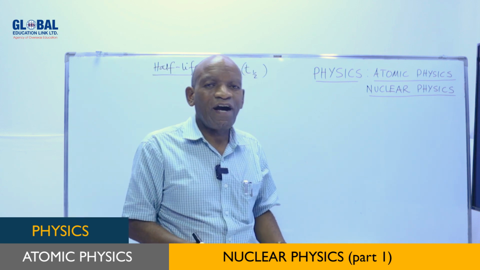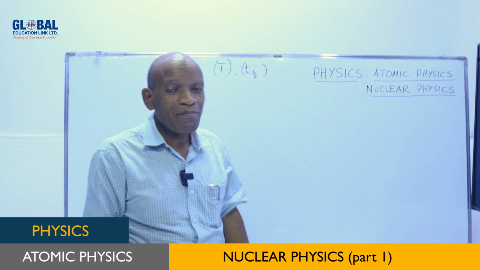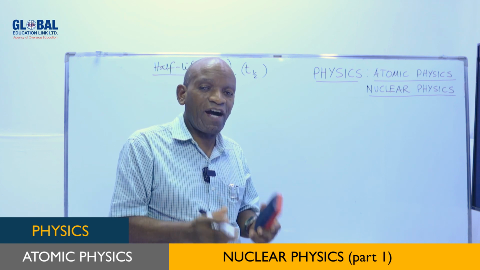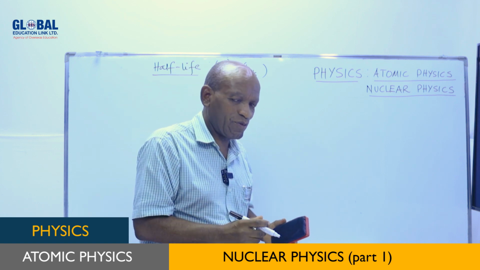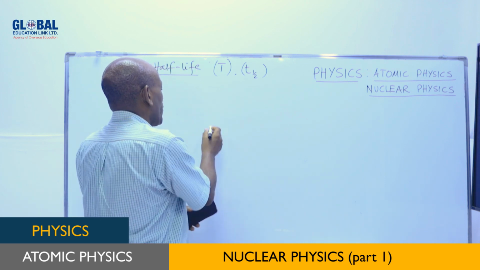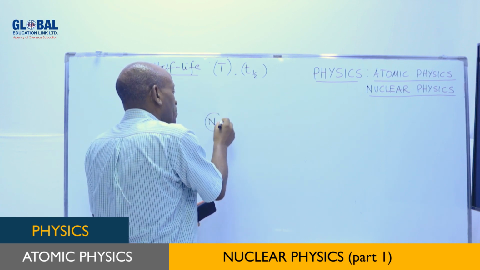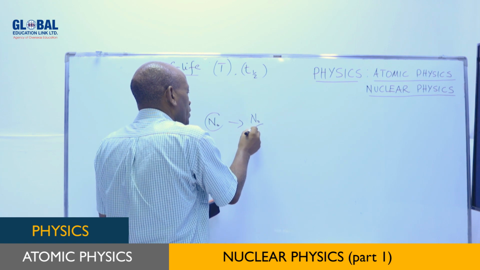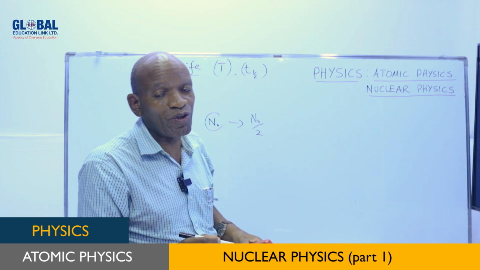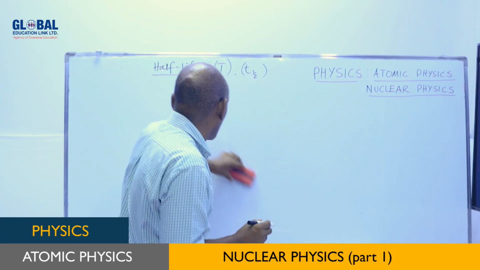By definition, a half-life of a radioactive sample is the time taken by the radioactive sample to decay to half of its original value. So the whole sample which was initially present, if we have N0, then the time it takes for this sample to be reduced to half of N0, that particular time is what we call the half-life.